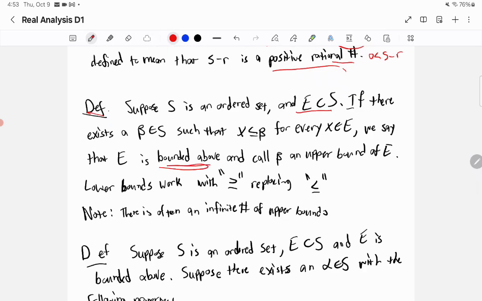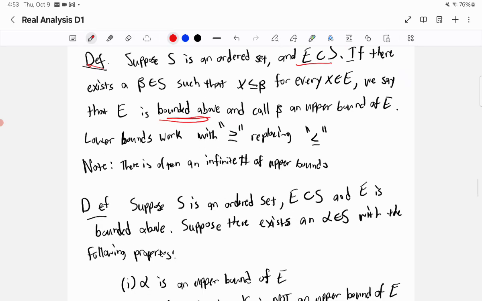So we're going to be talking about bounds now. We say that E is bounded above, and we call beta, that number that is greater than every number in E, an upper bound of E.